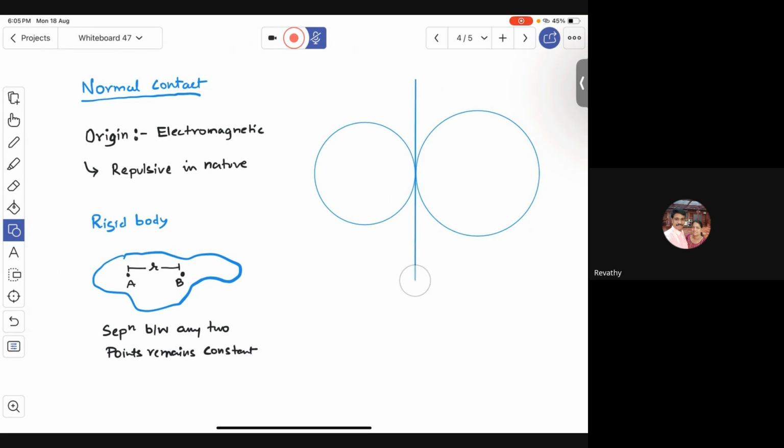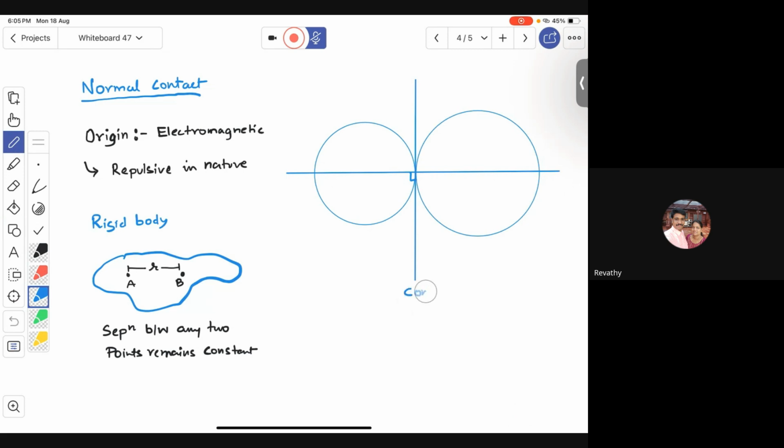And at the point of contact, I will drop a normal to that tangent. Since it is tangent to both the surfaces, we will call it the common tangent. And that normal that we have drawn, we'll call it the common normal.